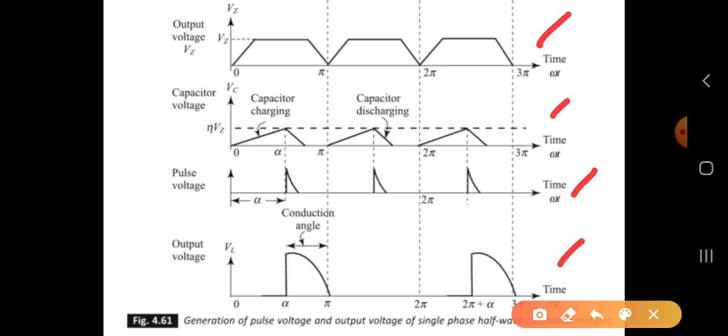So that side it is giving the pulses. Now you can see the output voltage of the Zener diode; the Zener diode is going to clamp the voltage. So it is clamping now.